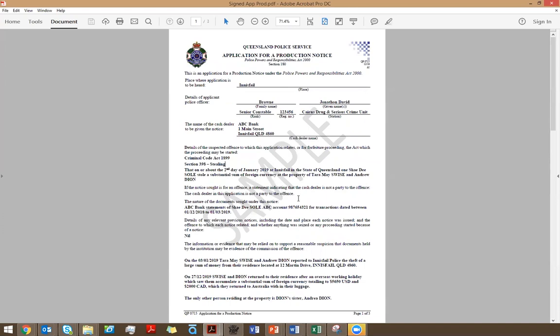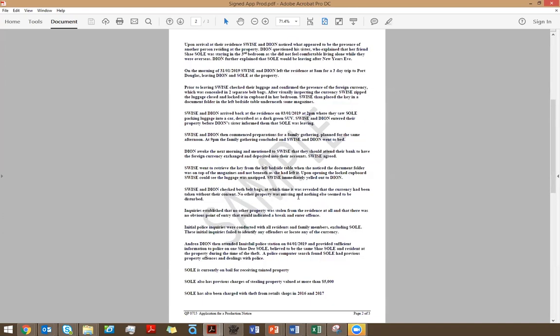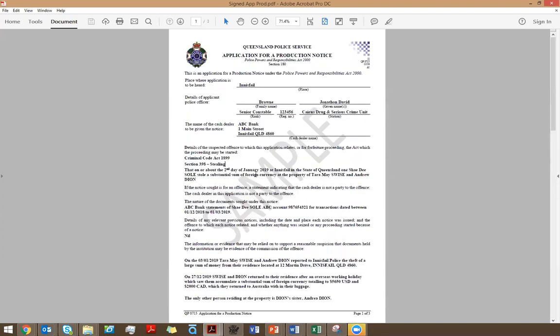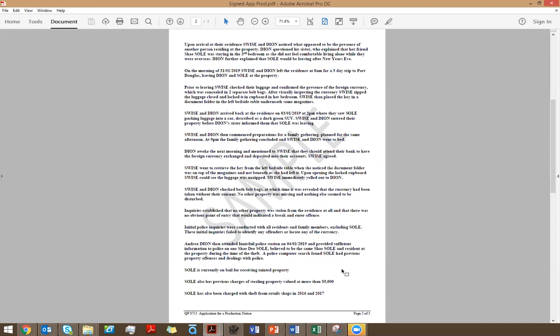In this instance, in this sample, a couple have returned from an overseas holiday and they had currency in other denominations, and I think it was Canadian and USD, so American dollars. And because of the public holidays, they kept it in a safe place in their house.